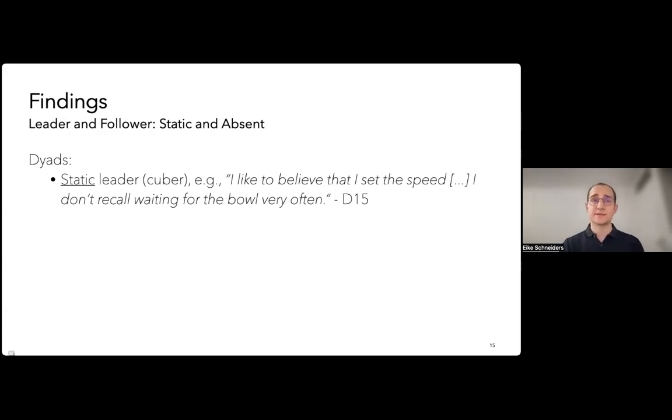And this tendency was observed for 7 out of the 10 dyads, making this the vast majority of patterns or ways to coordinate their collaboration in terms of who's leading. And this tendency was quite different from the triads, who reported that their primary strategy was the absence of a leader.